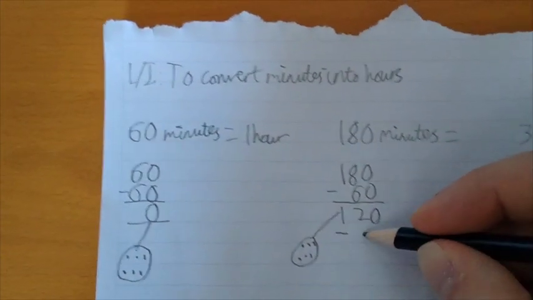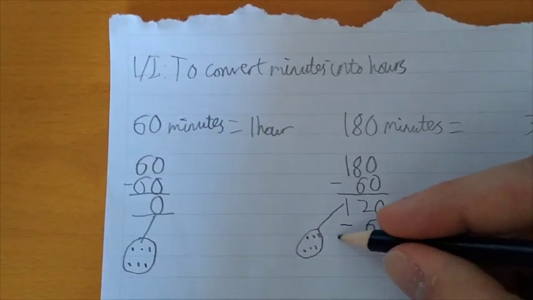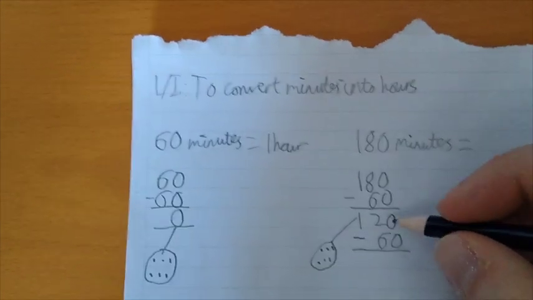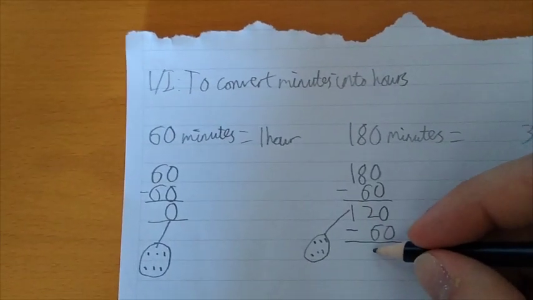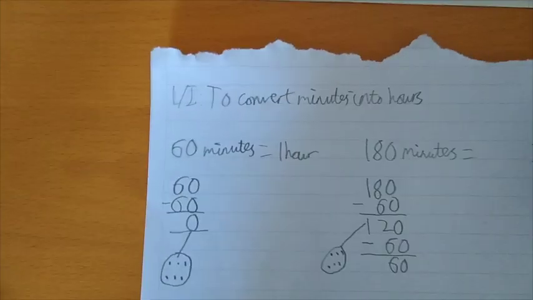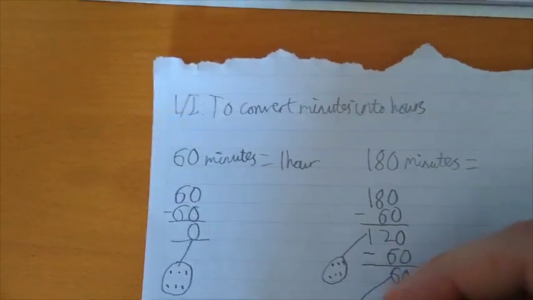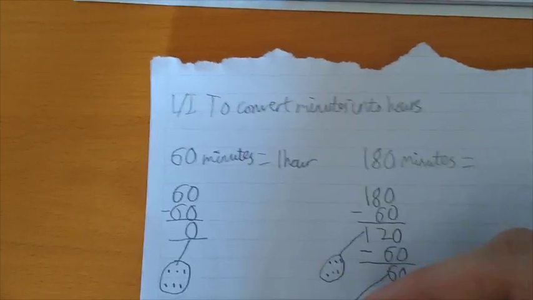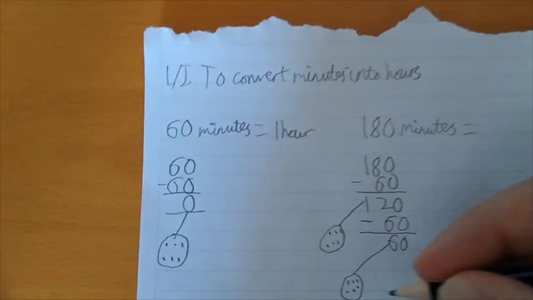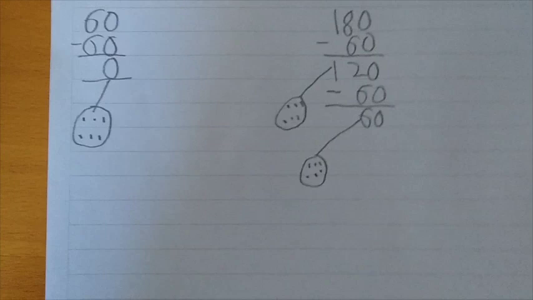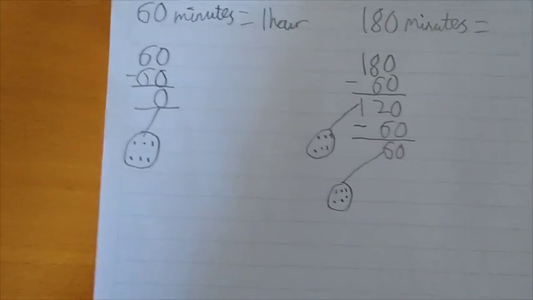Let's take away 60 from that. 120 minus 60 is 60. So from that, we have another bubble with 60 minutes in it because we've taken 60 minutes off. So far, we have 2 hours.